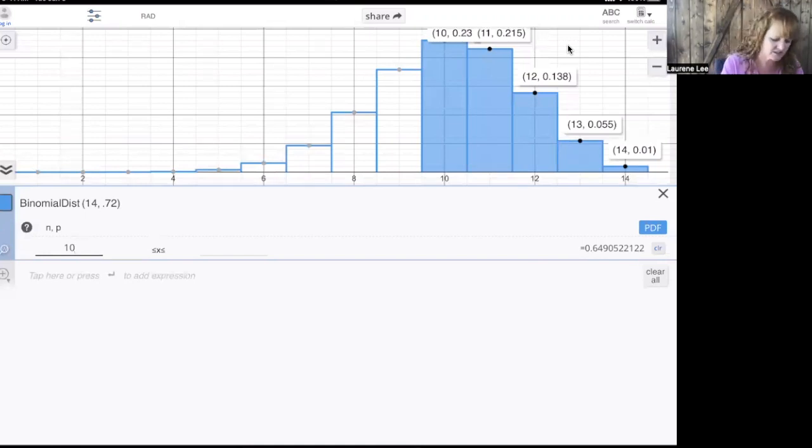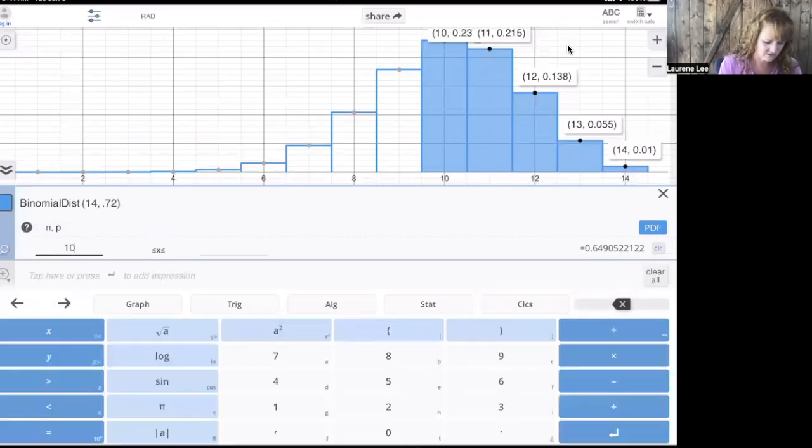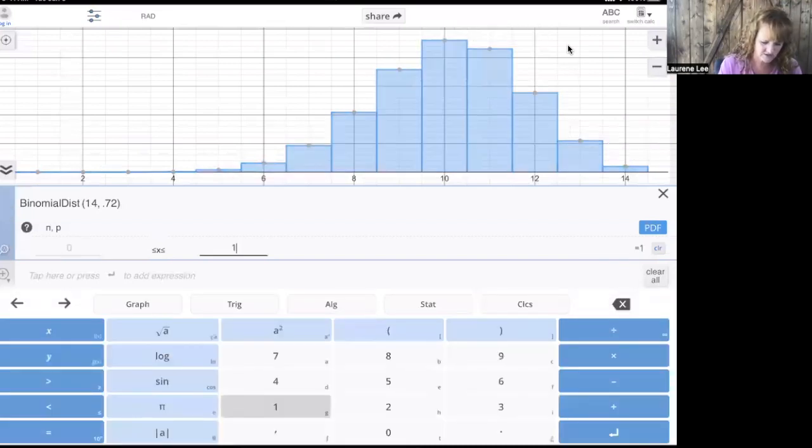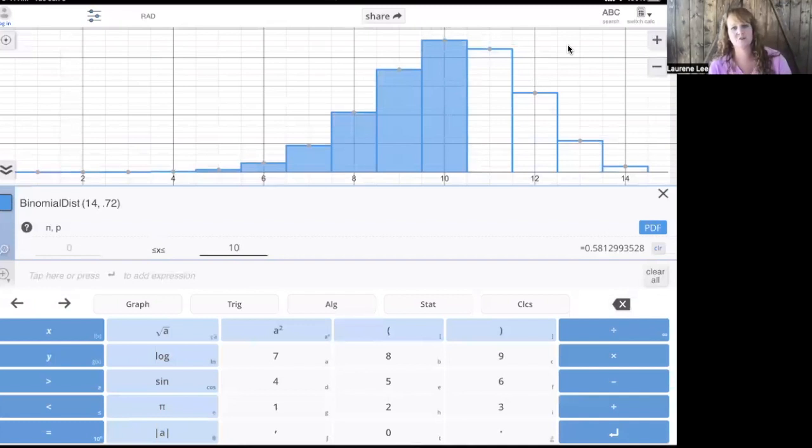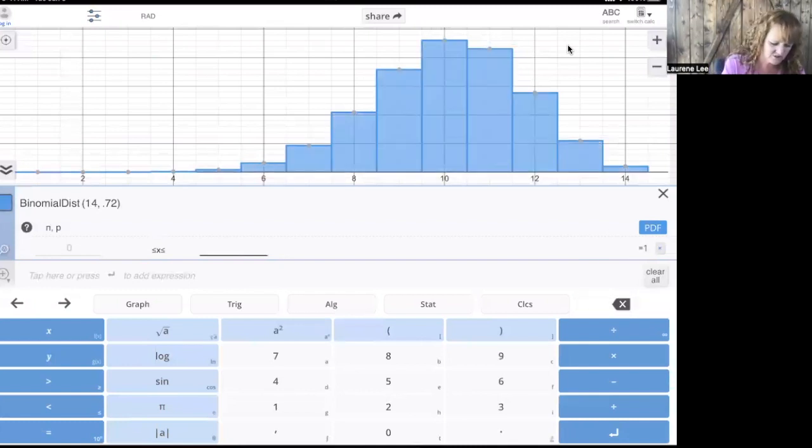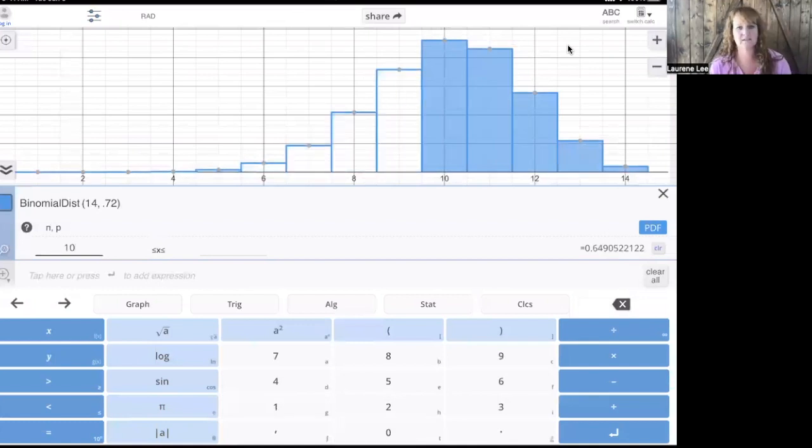If by accident you put the 10 on the wrong side, you can see that it goes 10 and down, and you go, oh, wait, that's not what I want. I want at least 10, which is 10 or more. So you can make that correction. So that's the nice thing about ClassCalc, you can check your answer visually and make sure you entered the right numbers. So our answer here would be 0.649.